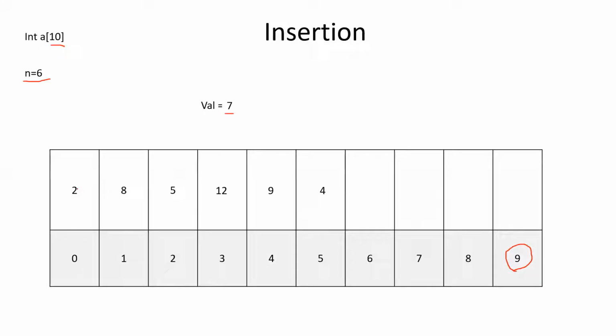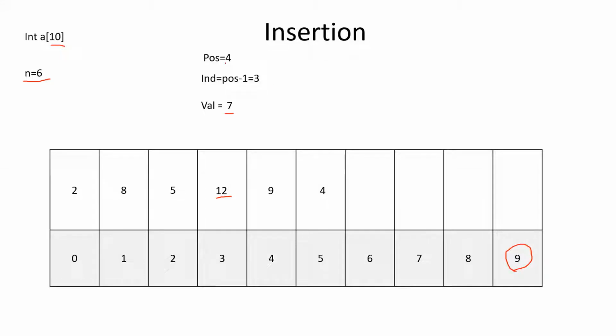So the user will be counting 1, 2, 3, 4. Now suppose I want to insert at the position 4, right? Position is different from index number. So we will be just giving the position as 4. Now how is it related to the index number? Index is position minus 1.